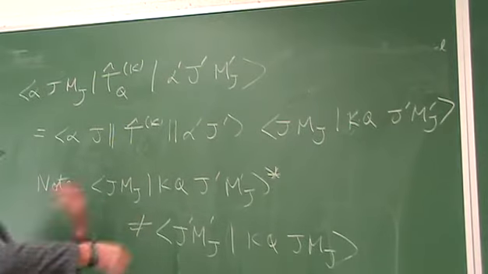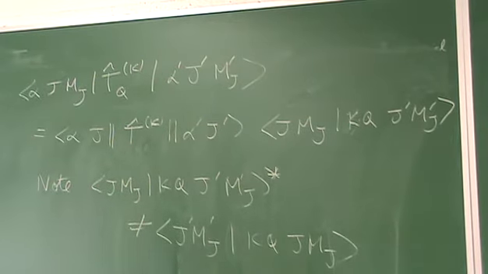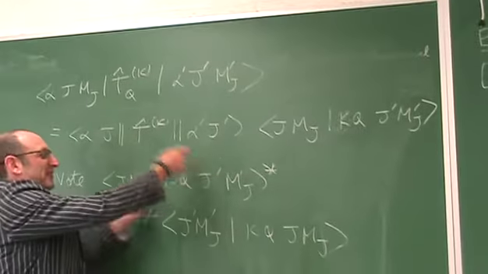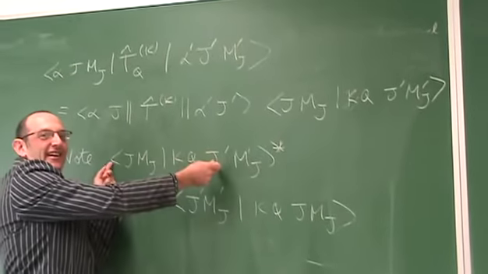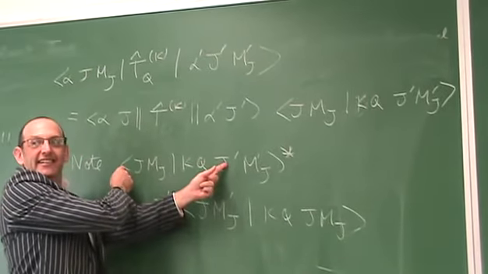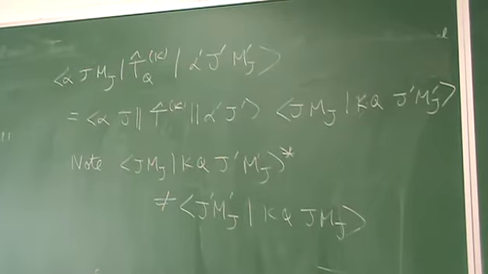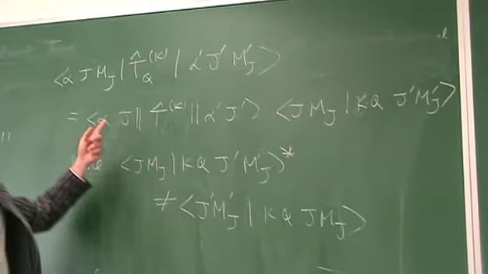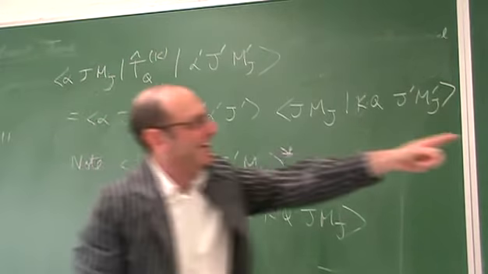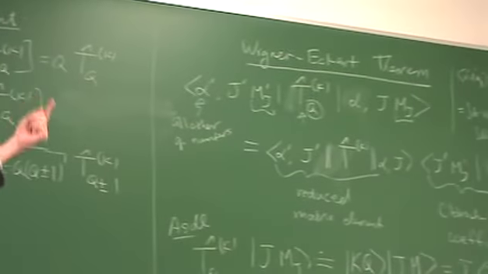There's some rules with (-1) to the j minus k plus 1 and the square roots of 2j plus 1 whatever when you want to trade these two things. They're not just one the complex conjugate of the other, which it would have to be if this star was equal to the thing with the j prime, the j switched.